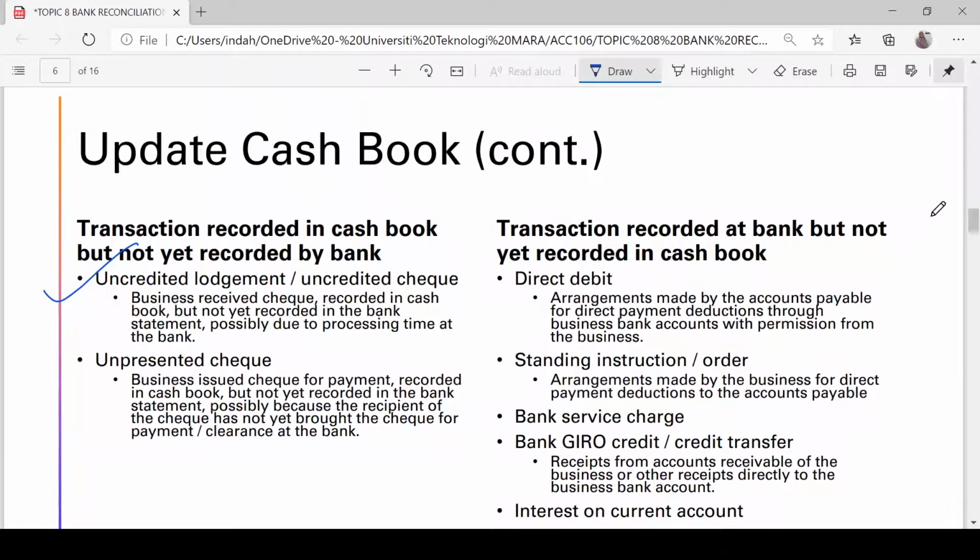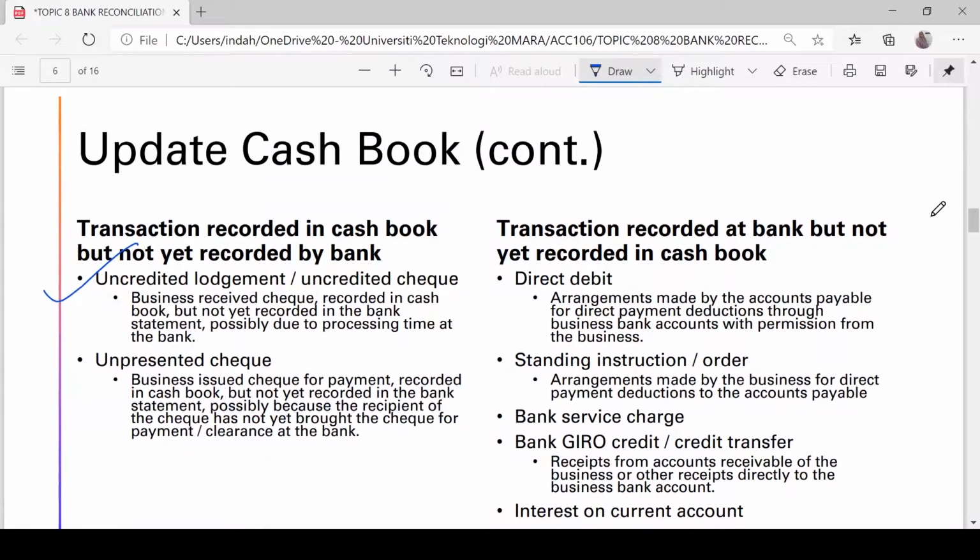So let's say the business received a check from the customer for the payment. The business recorded the transaction in the cash book. So the business received the check, recorded the check number, the check amount, and the nature of the transaction. But this transaction is not yet recorded in the bank statement.